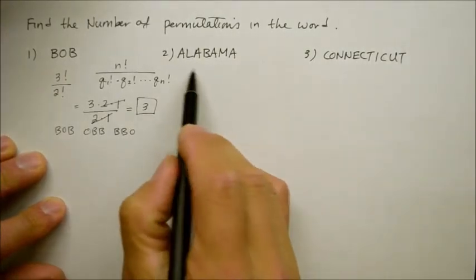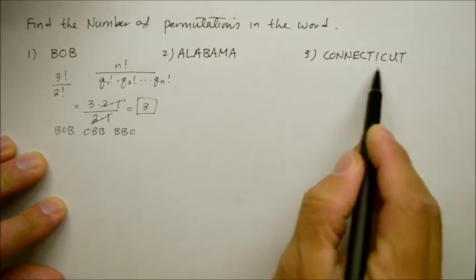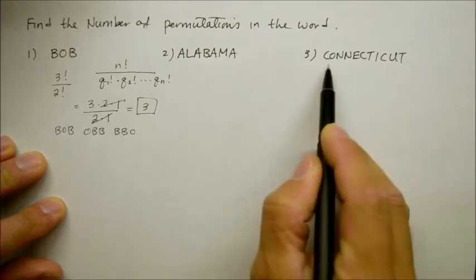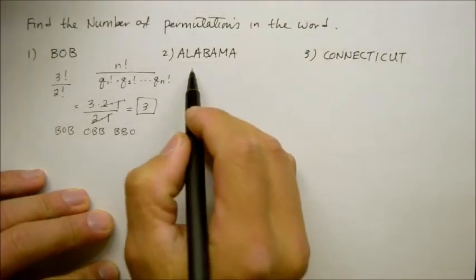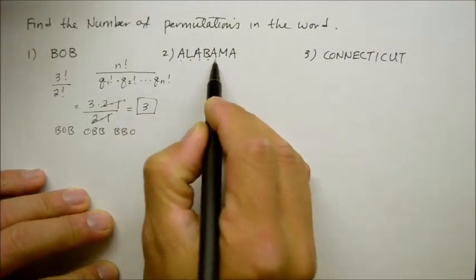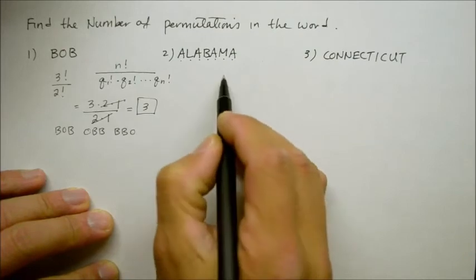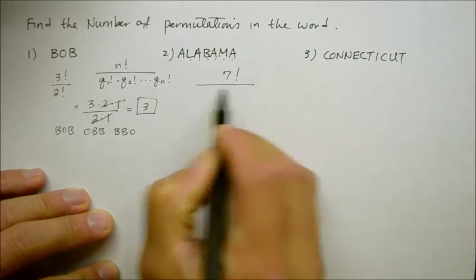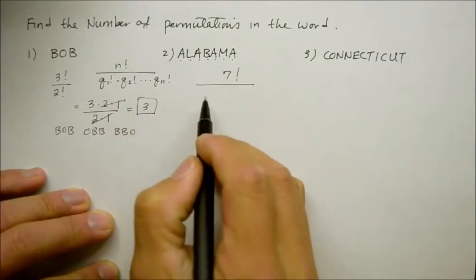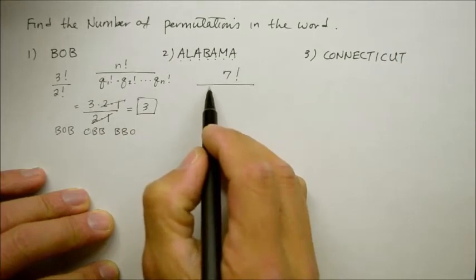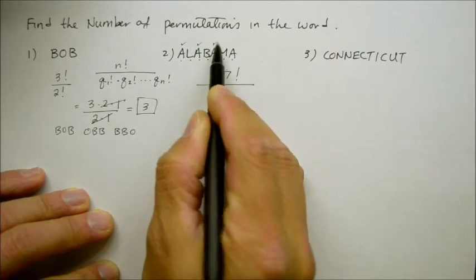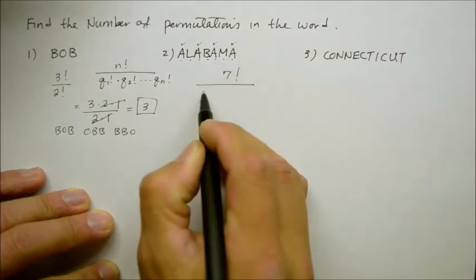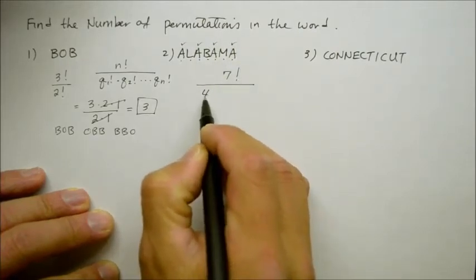Now, you tried to figure that out with Alabama, and I couldn't spell this very correctly. I hope it's right, but Connecticut. You try that one. So for Alabama, there are 1, 2, 3, 4, 5, 6, 7 letters. So that's going to be 7 factorial on the top of this general form. And what is one of the repeating letters? I have A, A, A, A. So I have 4 letters that repeat.